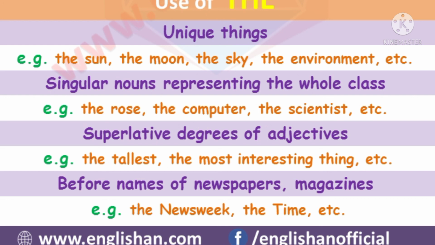Further, I read a sentence: The weather can be very stormy in dash Pacific. What article will you use before Pacific? A, the, or no article? So if we read it clearly, then we can say that the weather can be very stormy in the Pacific. The Pacific is better to say.